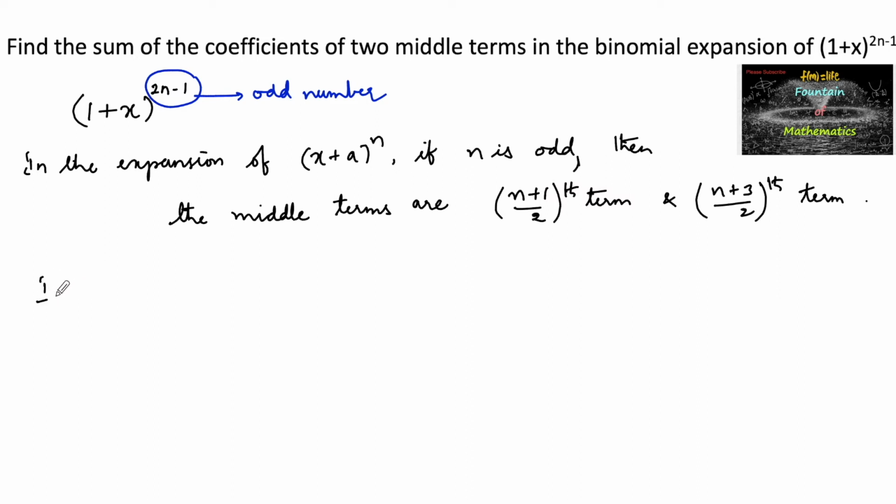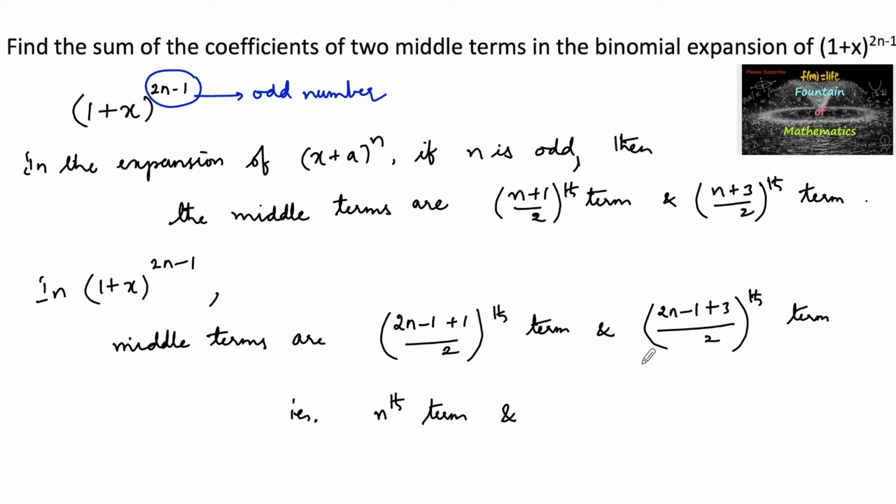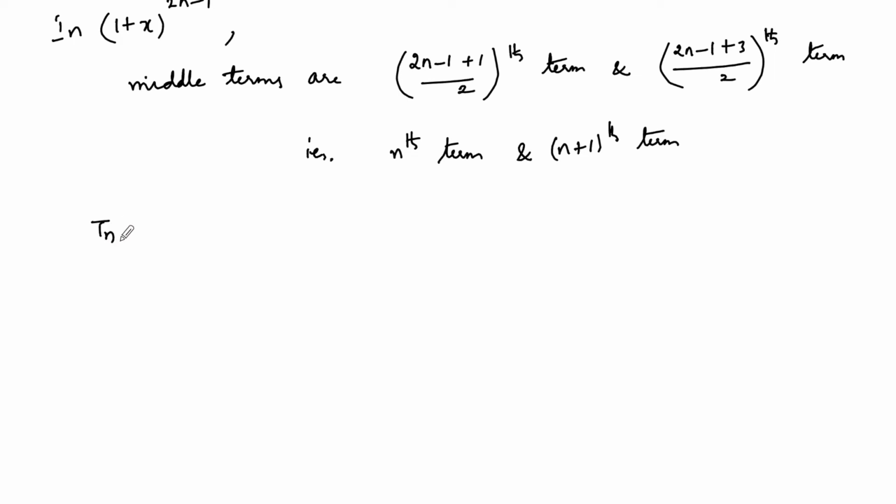So here, in (1 + x)^(2n-1), the middle terms are the (2n-1+1)/2 term and the (2n-1+3)/2 term, that is (2n-1+1)/2 = 2n/2, that is the nth term, and (2n-1+3)/2, that is the (n+1)th term. So these are the two terms.